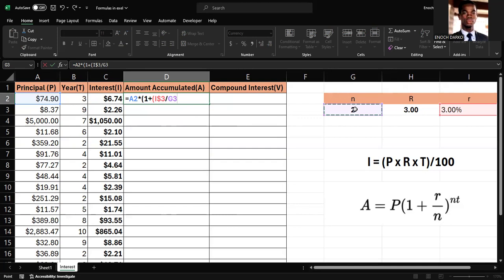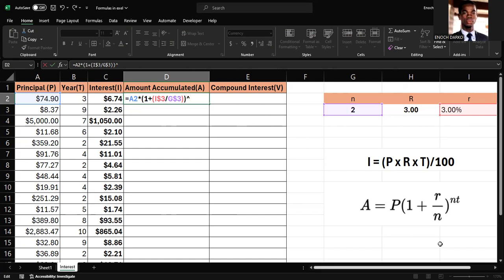Because I'll be dragging down, I'll once again lock the row number, that's row 3. Then I'll close this, so that this is for the R over N. Now once again, I have to close the bigger bracket, then raised to the power, that's the exponent. So shift and the caret sign.